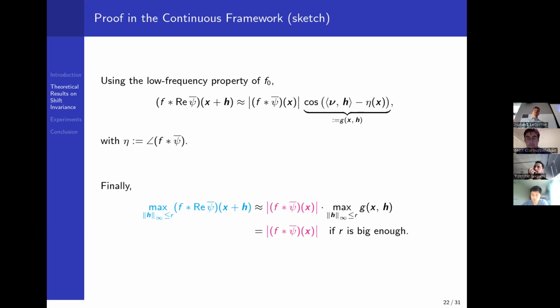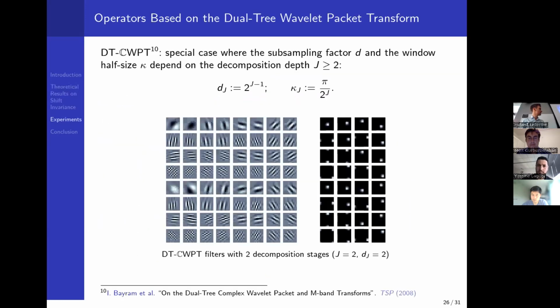It's a trick to recover shift stability by simulating the modulus of a complex convolution. I don't know if this answers your question, but we actually tried to replace the max pooling layer by a modulus and see what happens. We replaced the real valued filters by complex valued filters and the max pooling layer by a modulus.